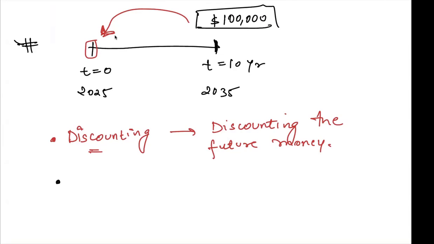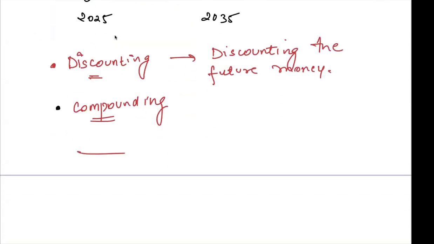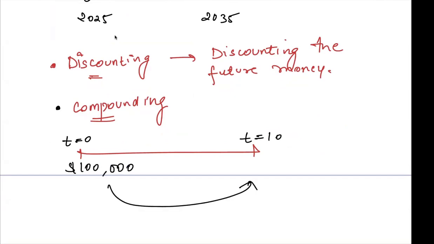Then there is a concept called compounding, which means, let's say at t equal to 0, I have $100,000. What will be the value of this money after 10 years? This is what we call compounding.